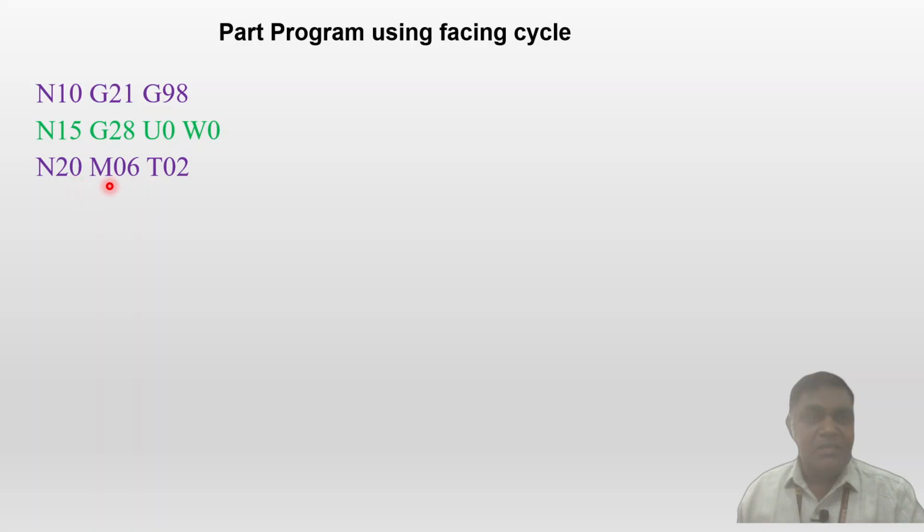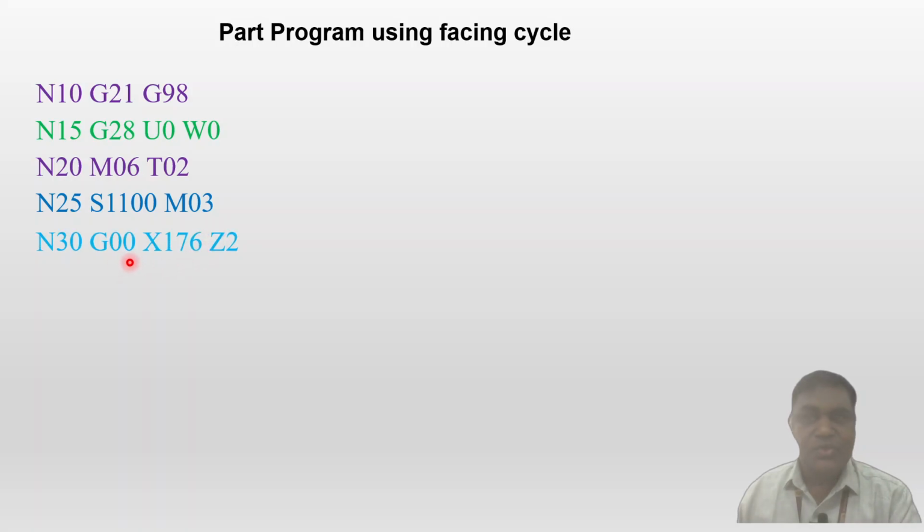Next block: M06 T02. M06 indicates the tool change, and T02 means whatever tool is at index number 2 will be loaded. Next, the spindle speed: you can mention S1100, and M03 makes the spindle rotate clockwise. M04 is the counterclockwise direction.